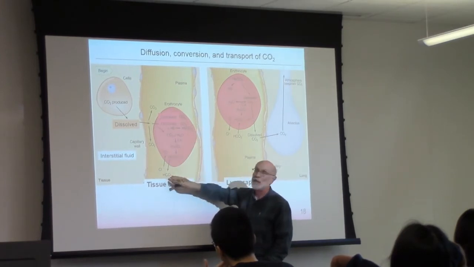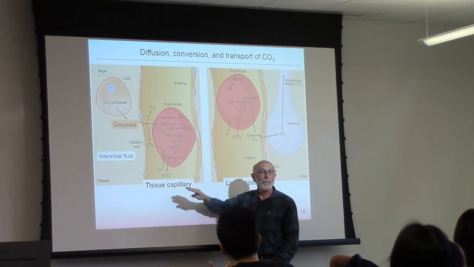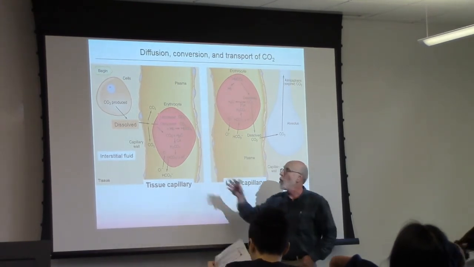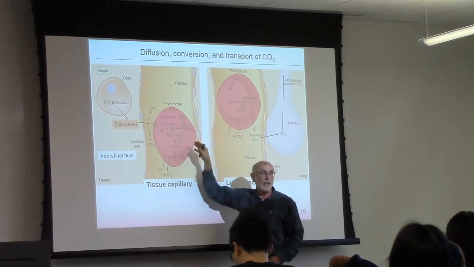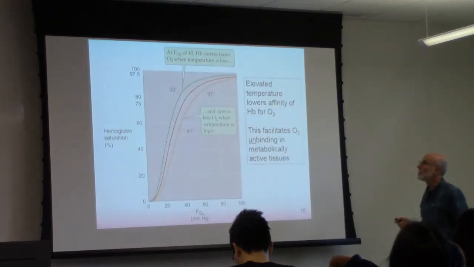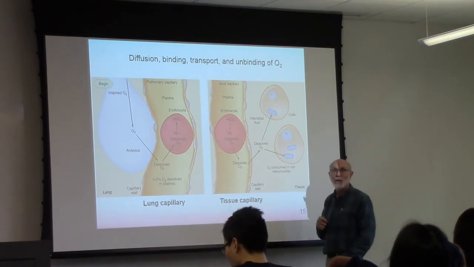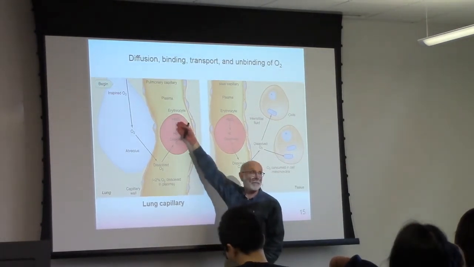Much of it is converted into bicarbonate and is transported as bicarbonate. But I want to be clear. I'm not going to ask you to know percentages or relative amounts of each of these ways of carrying CO2. But in the case of oxygen, I feel like I could expect you to use the word most, or the majority of the oxygen binds to hemoglobin.